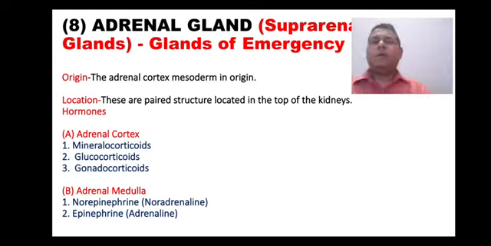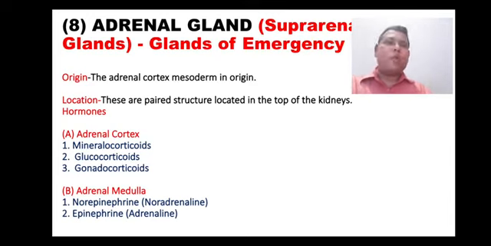Number one, mineralocorticoids: these hormones are secreted by the cells of the zona glomerulosa of the adrenal cortex. As the name indicates, they are responsible for the regulation of mineral metabolism. Target cells: mineralocorticoids act on the cells of the kidneys.